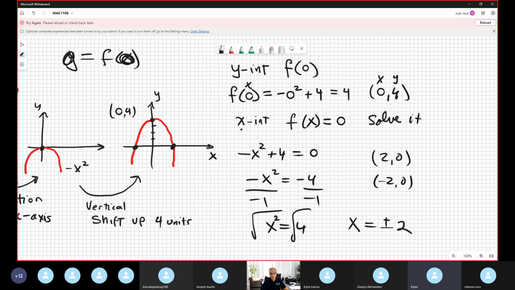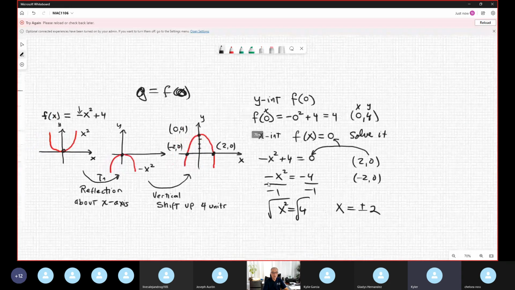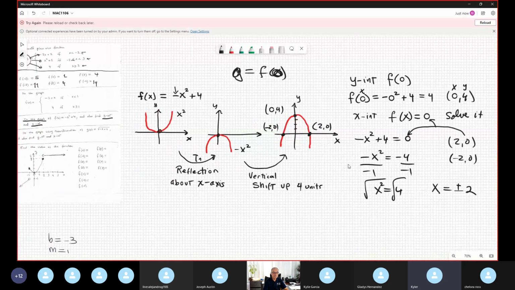You have two solutions, plus and minus for the x value, and the y value is 0. So you plot this point 2, 0, and this point minus 2, 0. Boom. Final answer: graph using transformations plus x-intercepts and y-intercept.